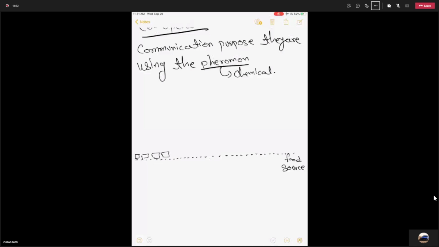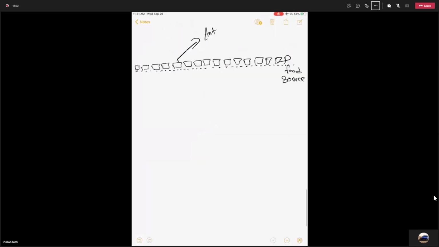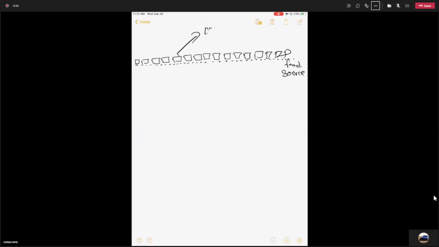These are your ants. Now consider this is your pheromone trail from the source to the food source, and your ants are following that path. If some obstacle came in between, what happens to this path? We consider the scenario, right?